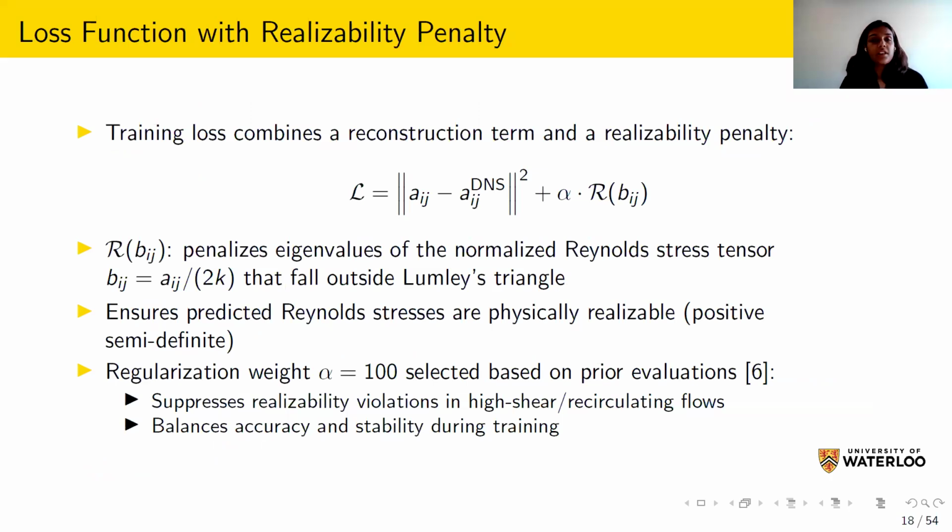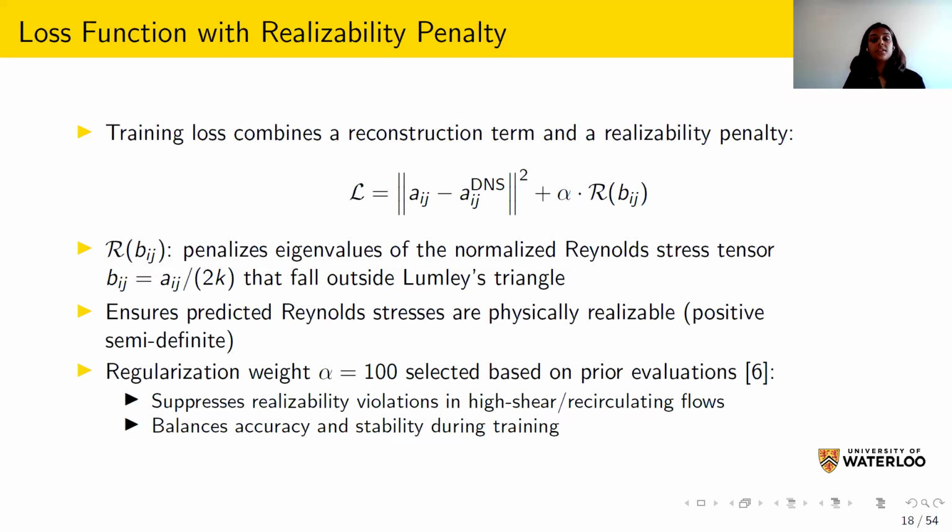Just quickly going over the loss function and the realizability penalty, which is also, I want to say, a novelty of this part of the paper, which is that we are combining the loss with the RBIJ, the penalty function for the normalized Reynolds stress tensor.